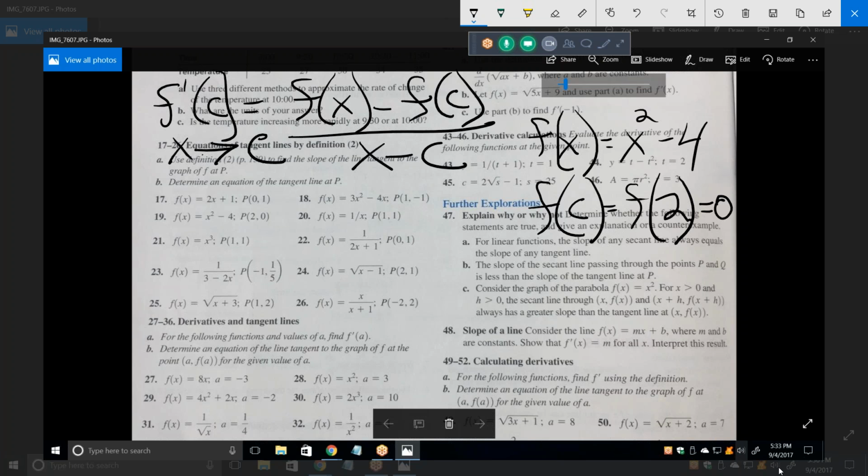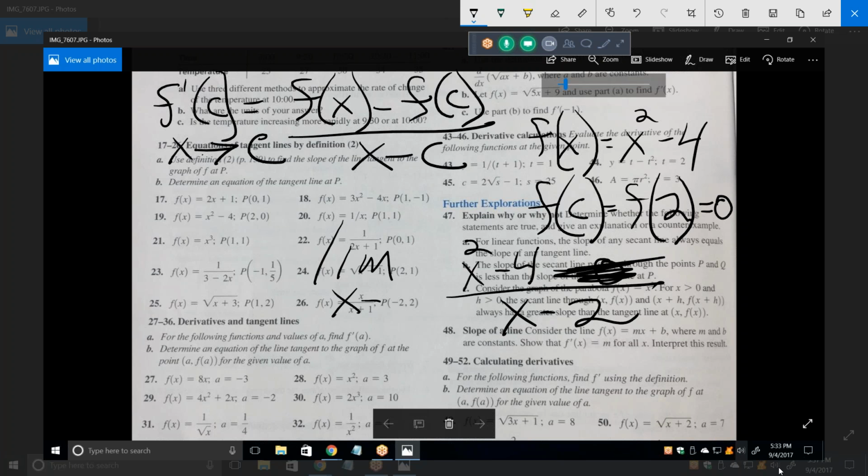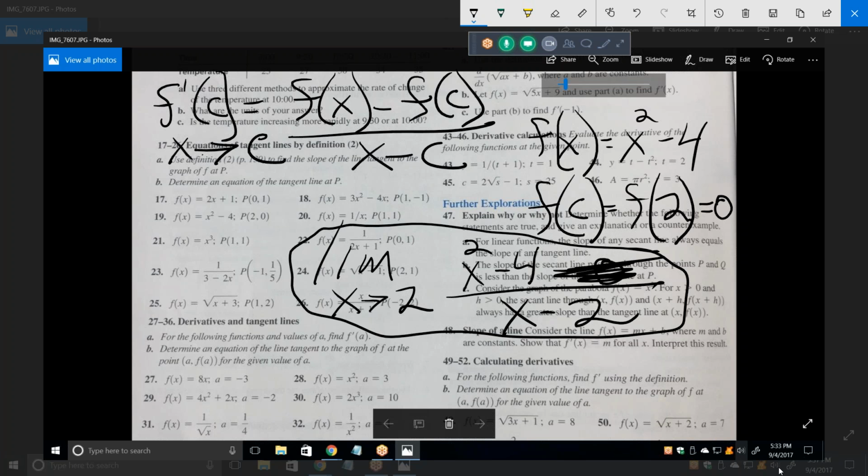So here's what we have in the numerator: x squared minus 4 minus 0, all over x minus 2. You with me? Yeah. And I want the limit of this as x goes to c, which is 2. So now we have to solve that problem, and that will give me my slope at the point (2, 0).